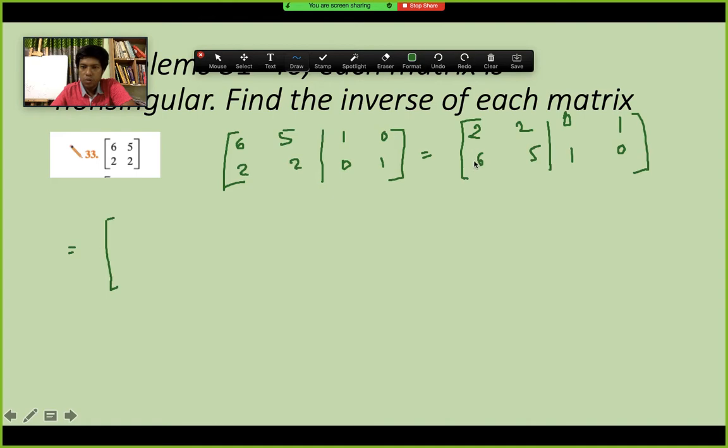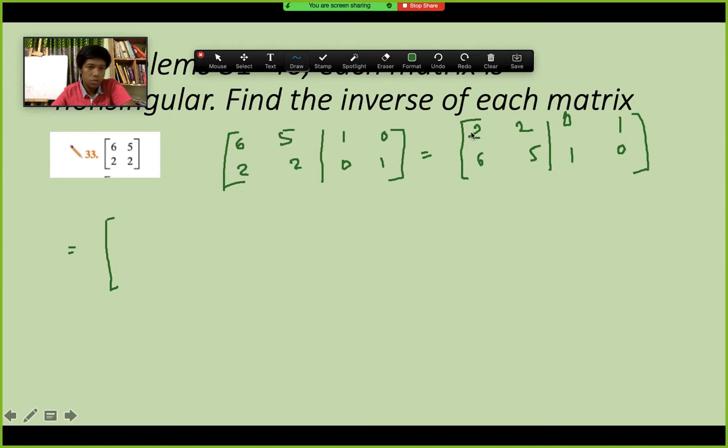Now what we can do is multiply this line by 3 and subtract it from here. And before we do that, if we want, we can divide this line by 2 to make it 1. Then we have to multiply it by 6.